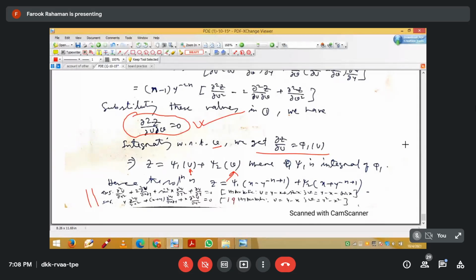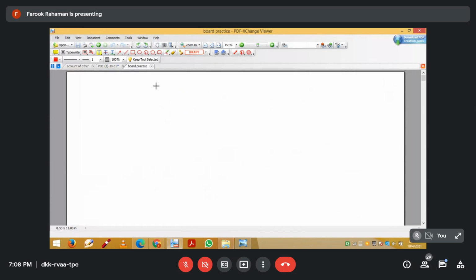So I will repeat the whole thing once again. From the given differential equation, A z_xx, B z_xy, C z_yy, and the other terms, equal to say another function.